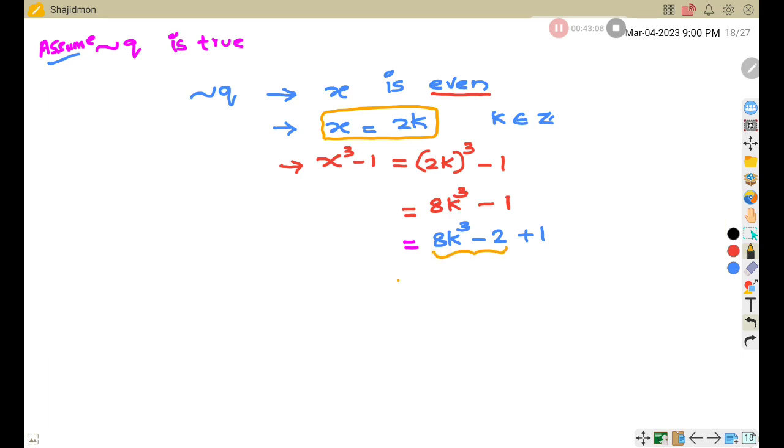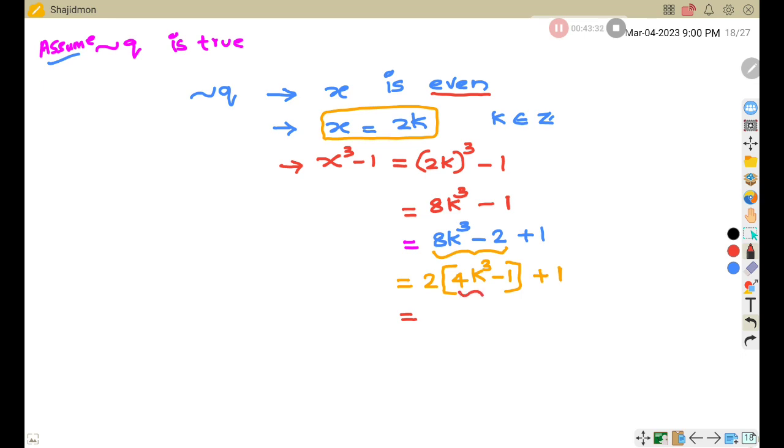From this, I am taking 2 outside. So 2 multiplied by what will be left? 4k power 3 minus 1, because 2 multiplied by 4 is 8, 2 multiplied by 1 is 2, okay, and plus 1 after that. Now you can think about this one, okay: 2 multiplied by (4k power 3 minus 1), correct?